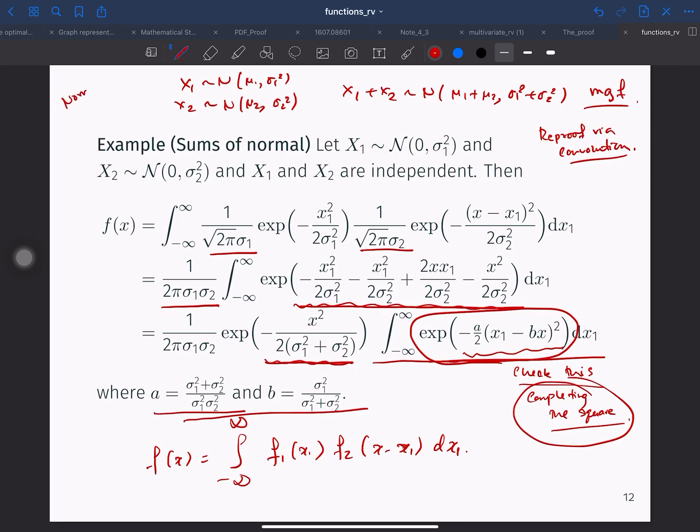Normal distribution usually leads to some kind of completing the square. It's tedious, but it is quite straightforward. As you can see, the proof here via convolution is maybe more messy than the proof via moment-generating function.